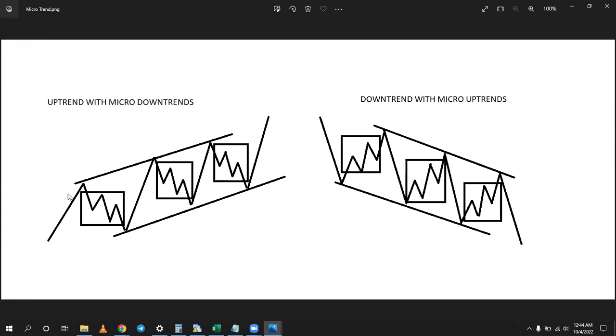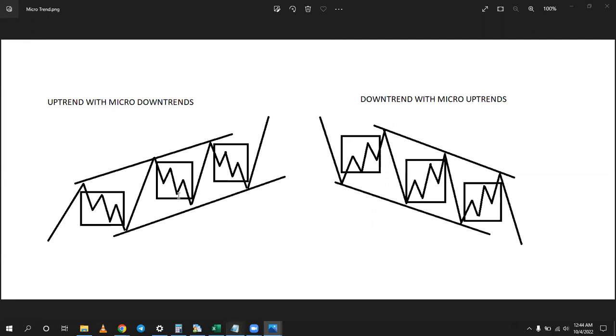Sometimes you can trade these micro trends depending on how the market structure presents itself. Usually these micro trends present themselves when price is retracing back to a zone before moving in the main trend. Same thing for the downtrend. For the downtrend, you'll have a micro uptrend. So I want you to take note of this.